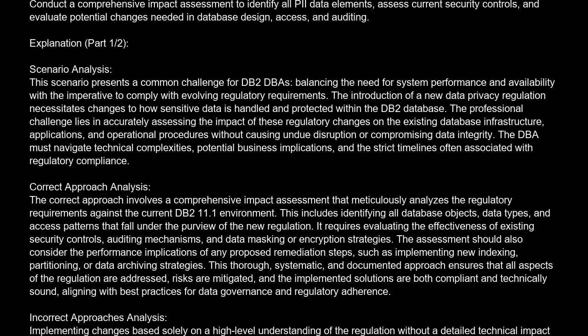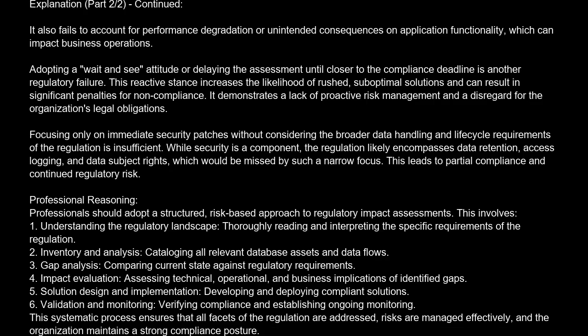Incorrect approach analysis. Implementing changes based solely on a high-level understanding of the regulation without a detailed technical impact assessment is a significant regulatory and ethical failure. This approach risks overlooking critical data elements or processes, leading to non-compliance and potential legal repercussions. It also fails to account for performance degradation or unintended consequences on application functionality, which can impact business operations.